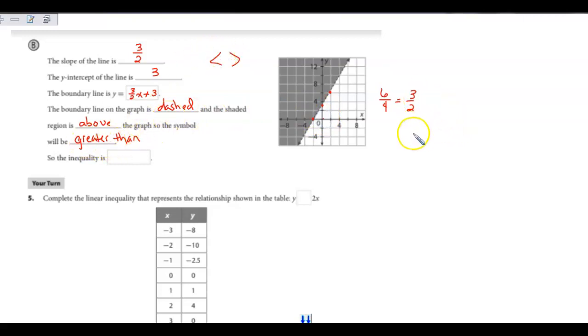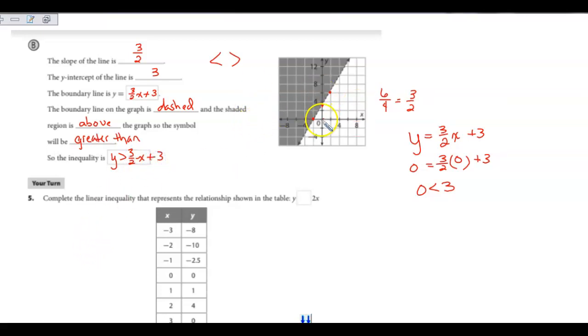If I have y equals 3/2 x plus 3 and I use the origin, 0, that's 0 plus 3, so that's 3. 0 is less than 3. So the opposite of less than would be greater than. So yes, the inequality is y is greater than 3/2 x plus 3.